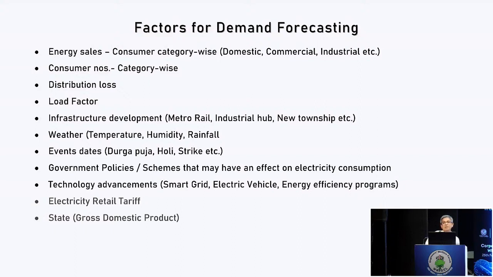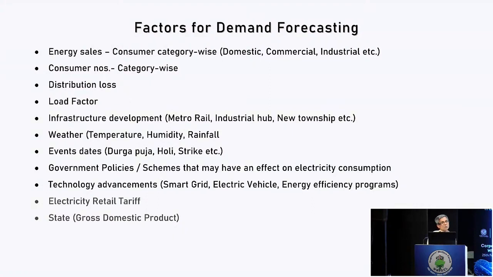Sometime back, the government undertook the Vachat Lamp Yojana to replace incandescent bulbs with CFL. Thereafter, another program to replace all the lamps or bulbs by LEDs. Now we see only LEDs. So these are the programs, and they have an effect on demand forecasting.